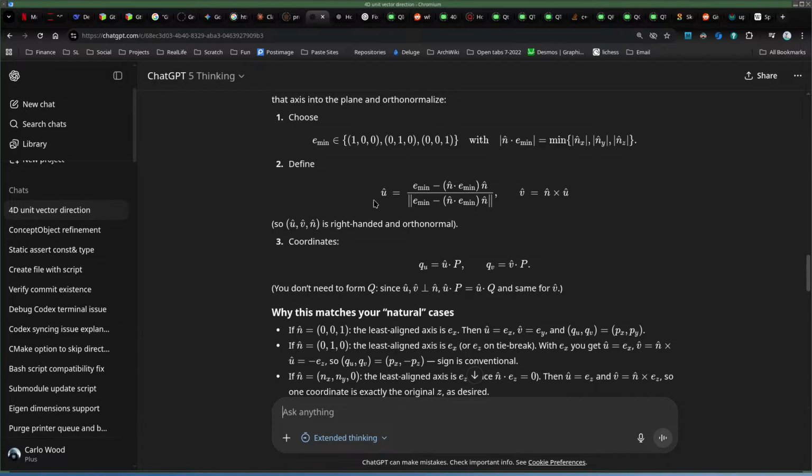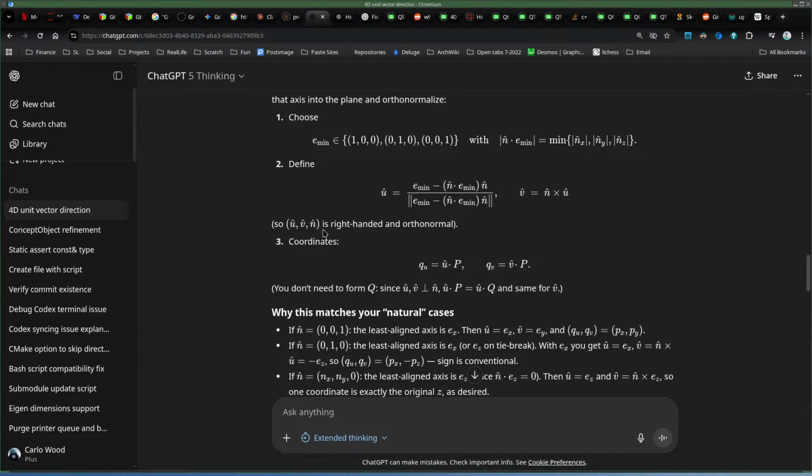Okay, define U as e_min minus n dot e_min times n, divided by the length of that. And V to be n cross U, so that U, V, n is right-handed and orthonormal. A pretty cool choice, yeah.